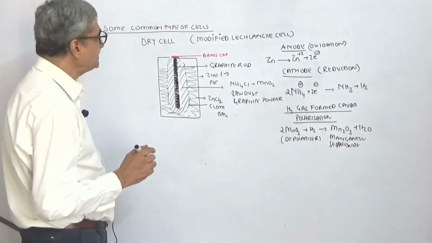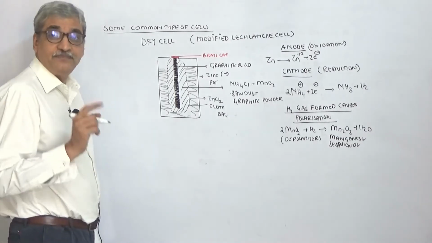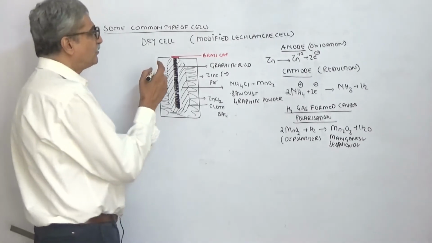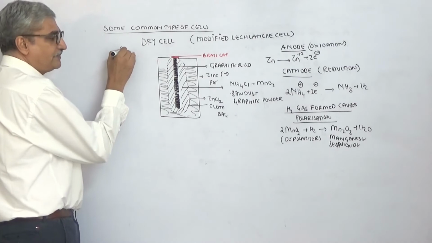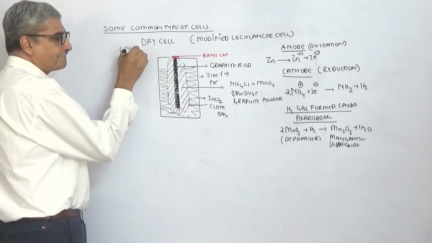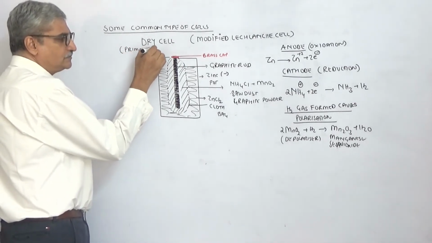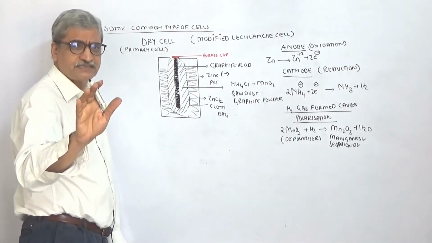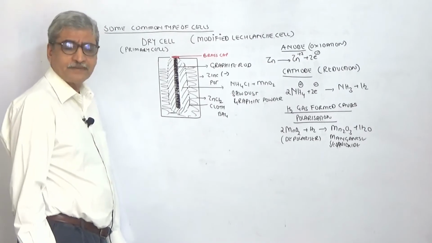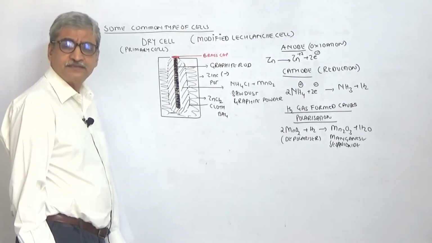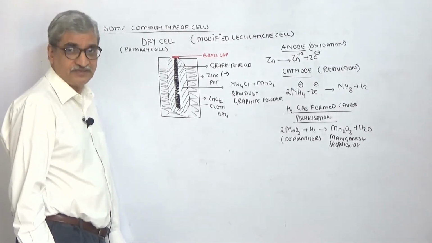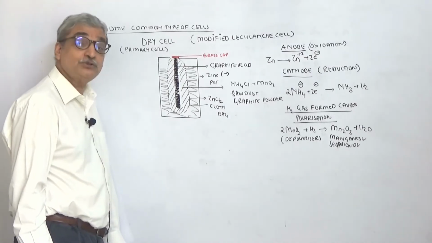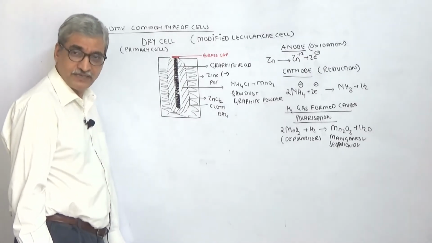Now, we have two types of cells. A dry cell is a primary cell. What do you mean by a primary cell? It simply generates electricity from chemicals. What is a secondary cell? It is a storage cell.